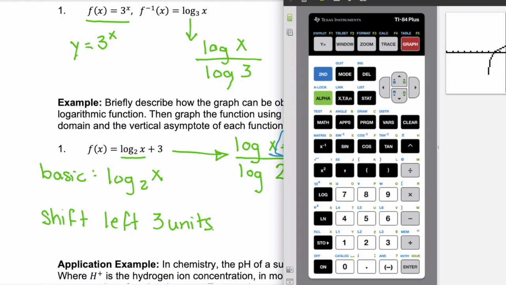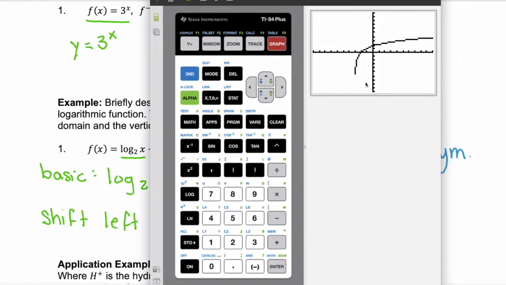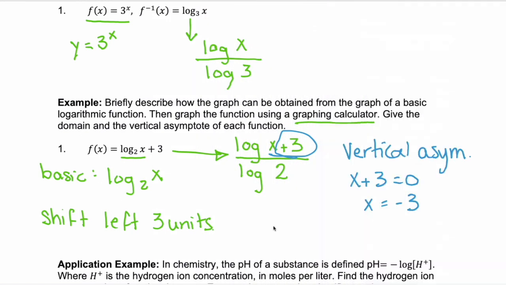Now going back to our graph, what's our domain? Remember, the domain are the possible x values. Well, the smallest x value we have is right where that vertical asymptote is, -3. And headed to the right, it goes on forever and ever. So our domain is going to be from -3 through infinity.